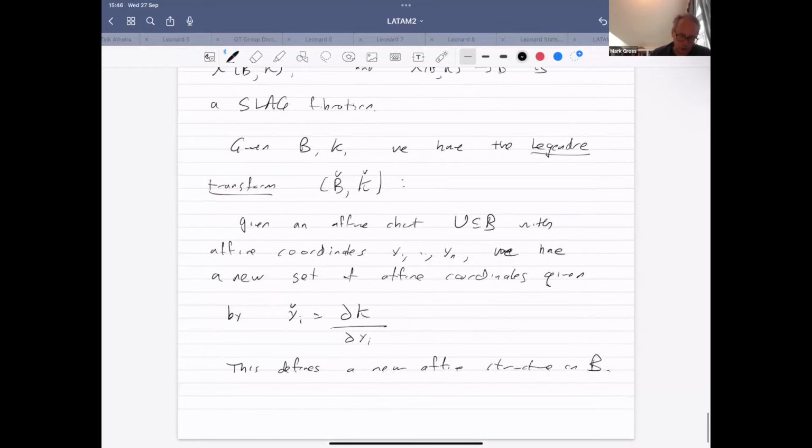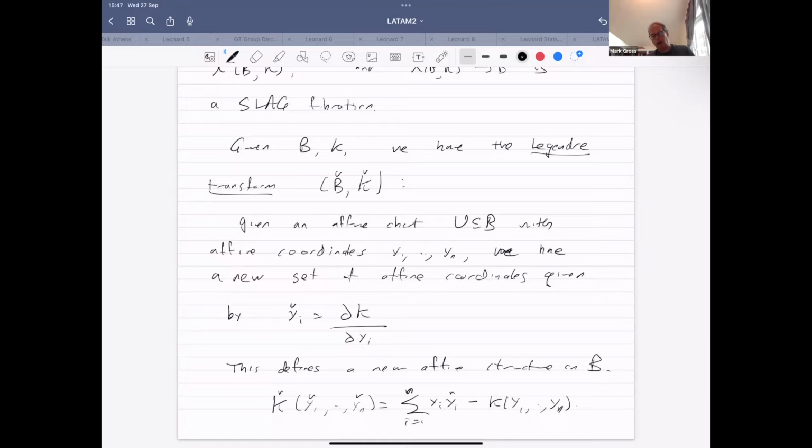We also get a new function, and this is the standard Legendre transform. So we also get K check, as a function of these new coordinates, y1 check through yn check. This is the sum over i from 1 to n of yi check times yi, minus K of y1 through yn. If you're familiar with the Legendre transform, that should look standard.